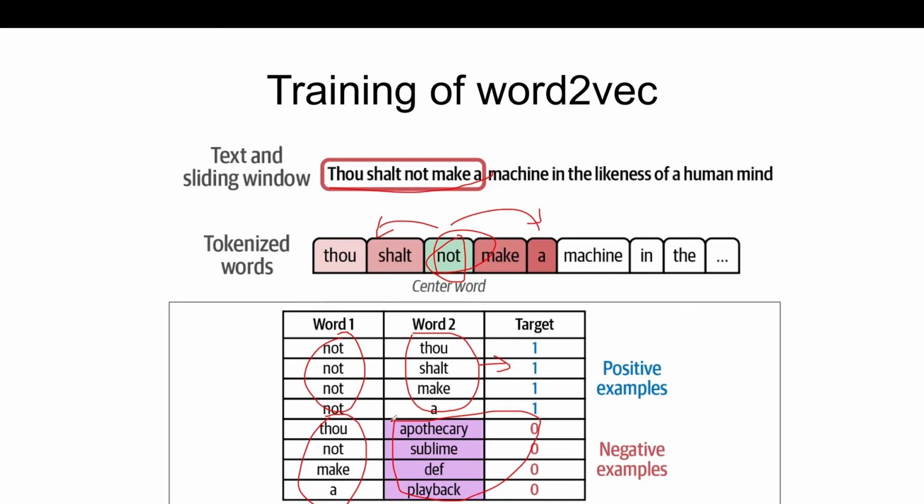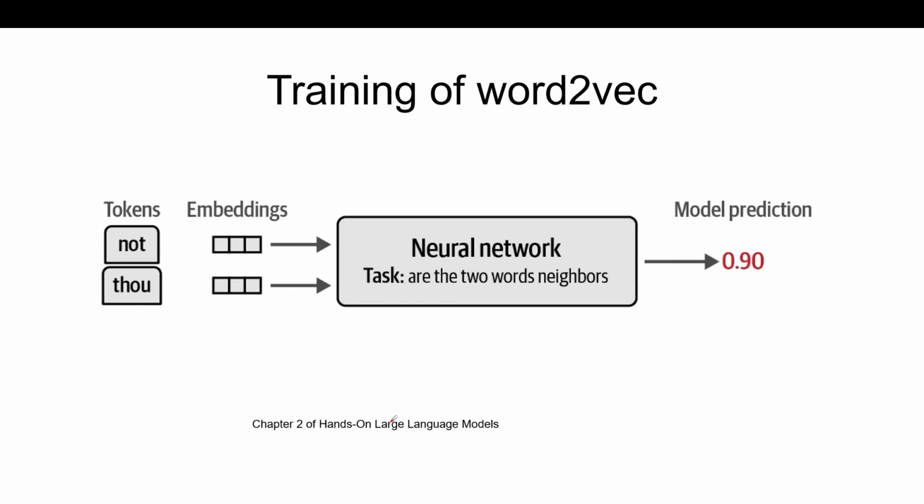Once we have these samples of positive and negative pairs, we can do the following. We take a pair of words, for example these two words, and map them to embeddings. Then we pass the pair of embeddings to a neural net. The task of this neural net is to predict: are these two words neighbors? If they are positive pairs, the output should be yes, they are neighboring words.